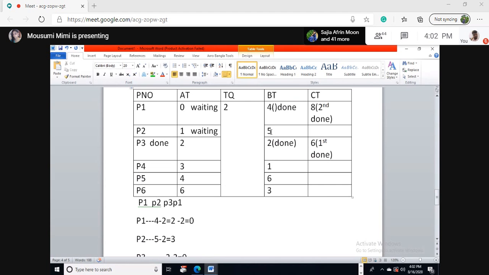Process 4 is 1. Process 5 is 6. Process 6 is 3. Now which is the shortest burst time? Process 4. Process 4 is the shortest burst time. So after P1, I will take process 4 because it is the shortest burst time.